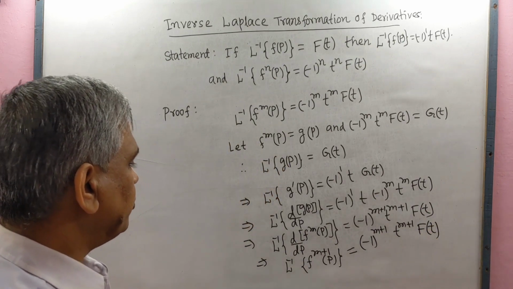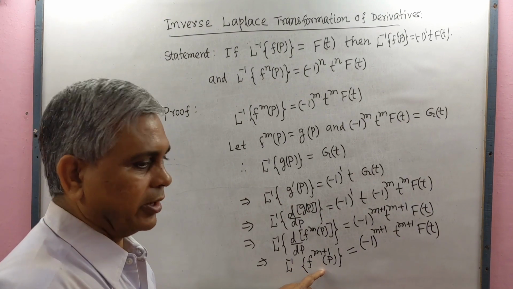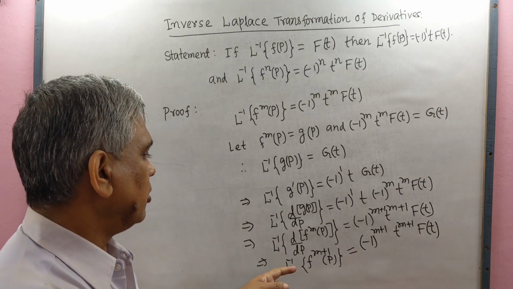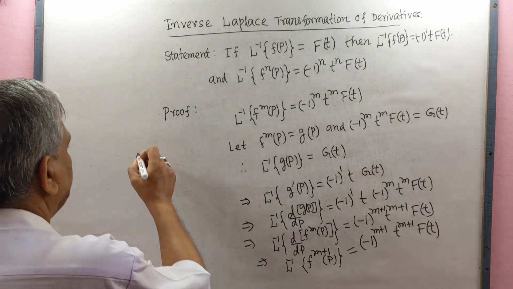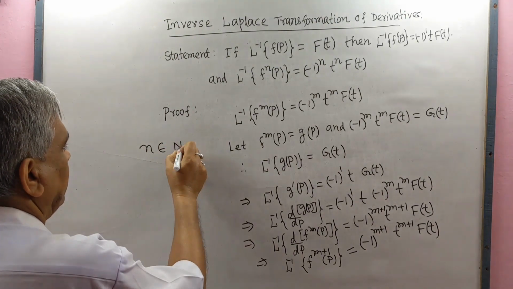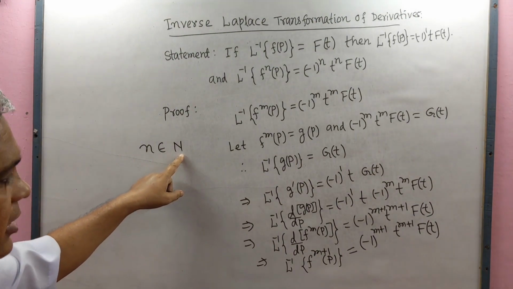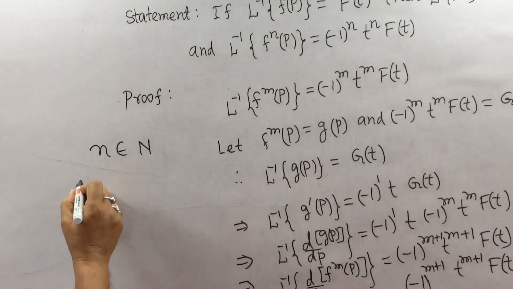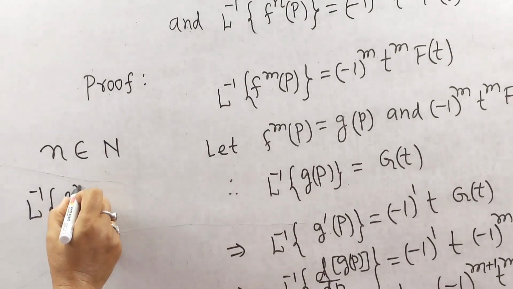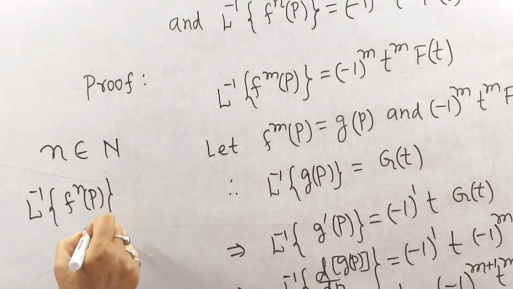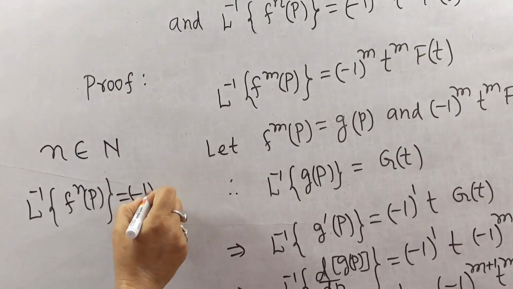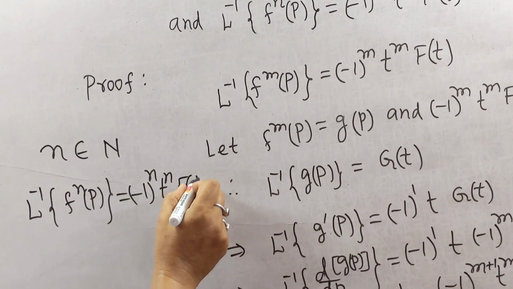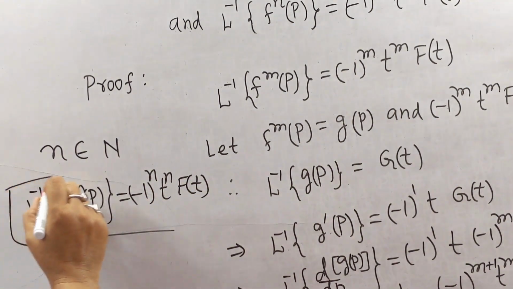So it is true for m plus 1. Hence the formula is true for all values of n belonging to N, the set of natural numbers. So we may write L inverse F(n)(p), the nth order derivative of F(p), equal to minus 1 to the power n t to the power n f(t). This is the required result.